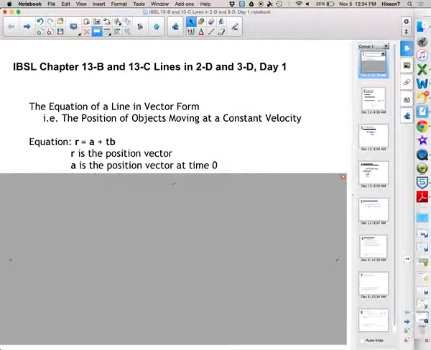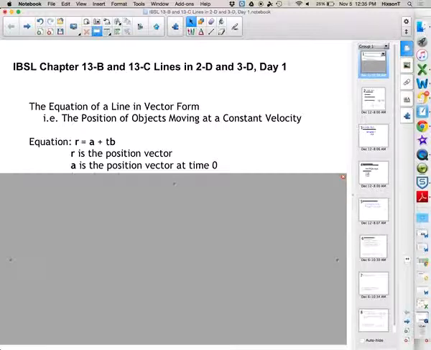Again, if we don't say a position vector relative to a certain point, where is that vector in reference to? Our position in reference to the origin. So this is going to be like the coordinates of a point, but it's a position vector in relation to the origin.